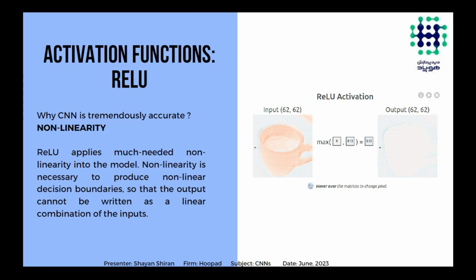Today neural networks are tremendously accurate because they add a non-linearity function to it, and these non-linearity functions are the activation functions. They add this non-linear activation function because convolution itself is linear, so they do not want the output to be linear.